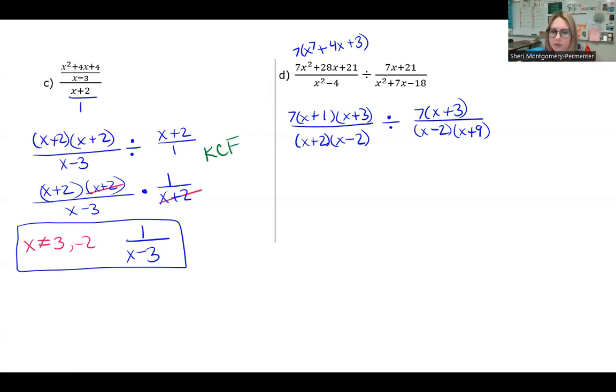I have to list all the domain restrictions. Yeah, at the bottom. So X cannot be equal to 2, -2, or -9. I can keep, change, flip.